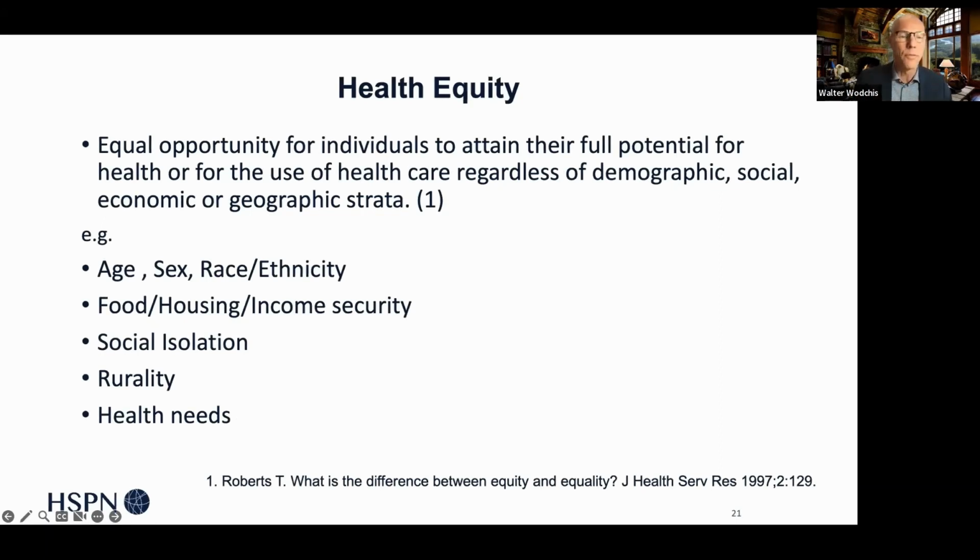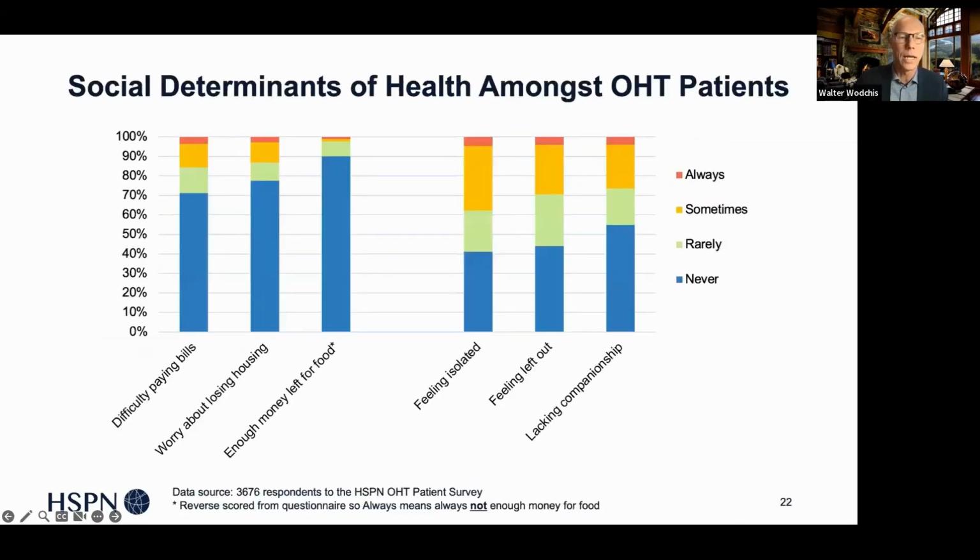Some of the non-modifiable ones being age, sex, and race and ethnicity, and then ones that might be somewhat modifiable around food, housing, and income insecurity. I would say social isolation is hopefully modifiable. Rurality, and then according to what people's health needs are. So we want to make sure that people are getting equitable access to care across their health needs, which is particularly important in the health space.